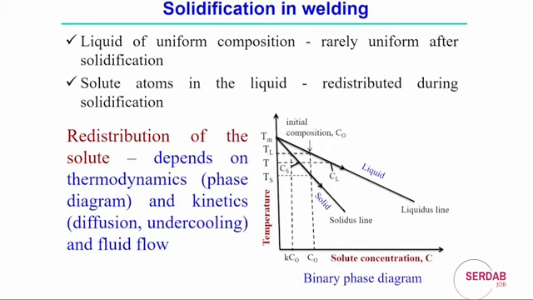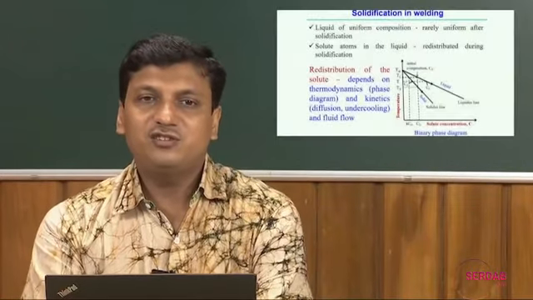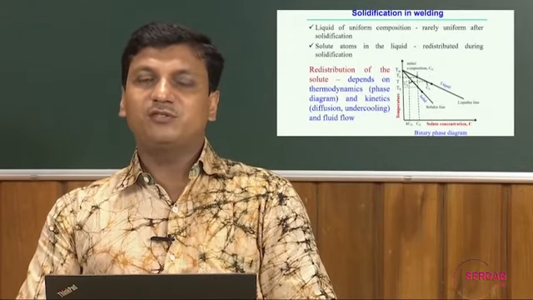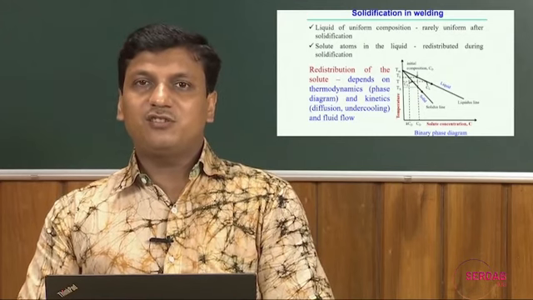Now, we will look into solidification in the case of a binary alloy system. Here, the liquid has a uniform composition, but after solidification it may not be uniform, because the redistribution of solute atoms happens during the solidification process.